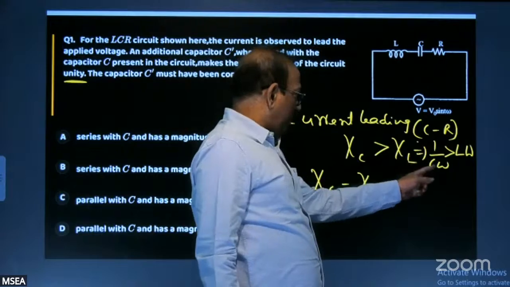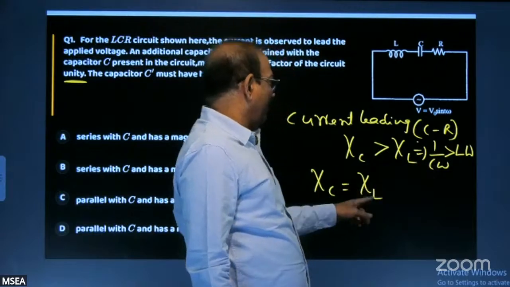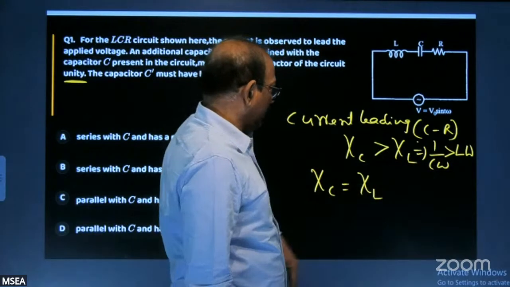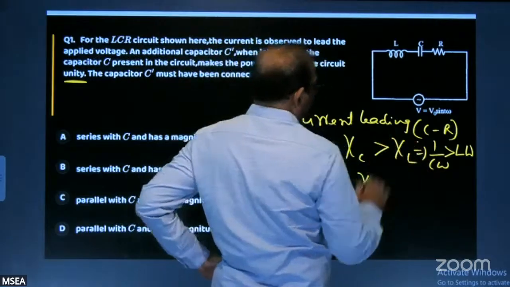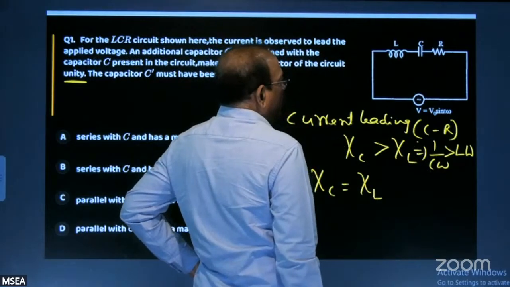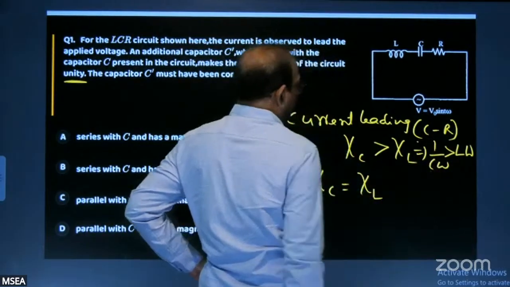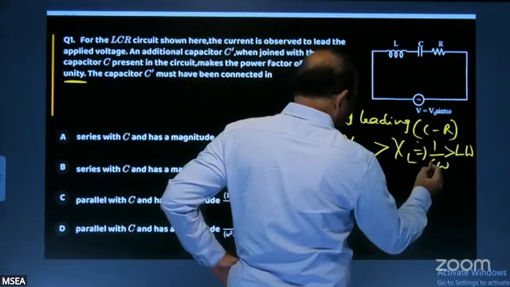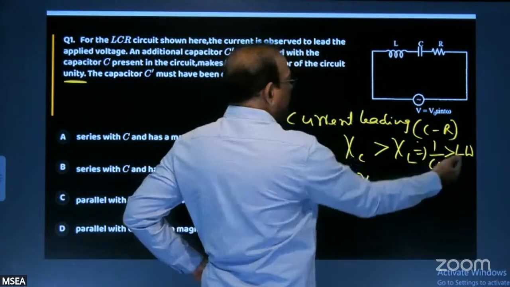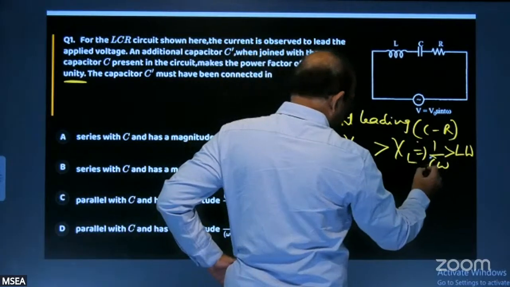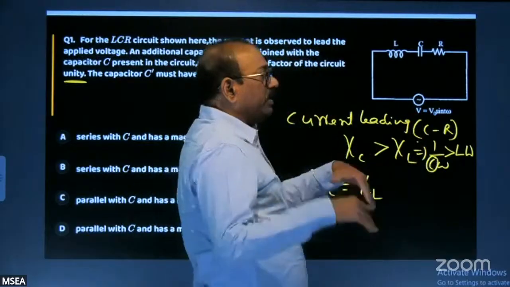But I want to make 1 by C omega equal to L omega by changing the capacity. When 1 by C omega is greater, I have to decrease 1 by C omega so that it becomes equal to L omega. That means I have to increase the capacity. How to increase capacity?